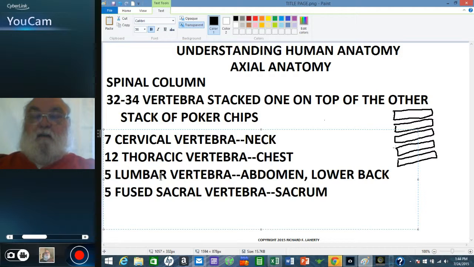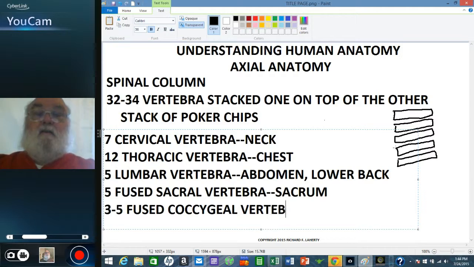And finally, 3 to 5 fused coccygeal vertebrae that form the coccyx. And these are remnants of our tail. It's a primitive tail. And as you can see from it being a variable number, it is responsible for the variable number of vertebrae as a whole.